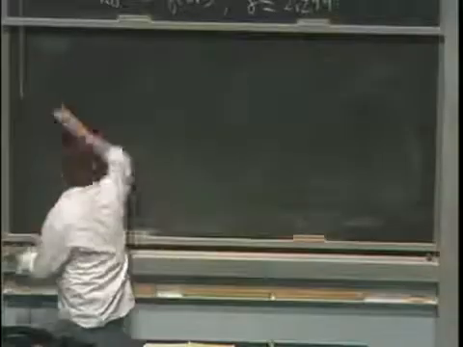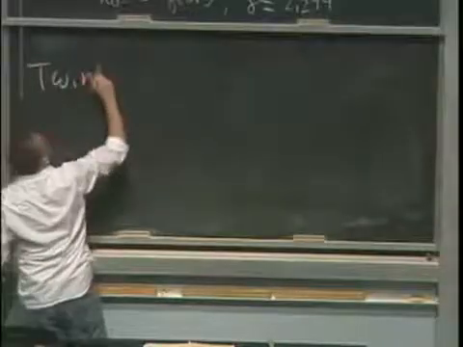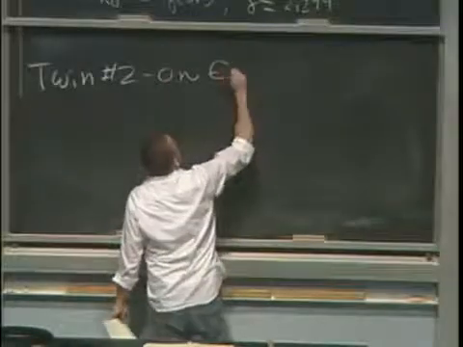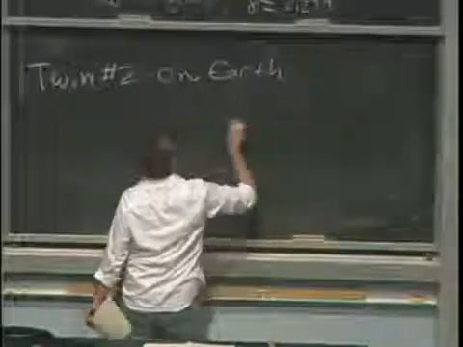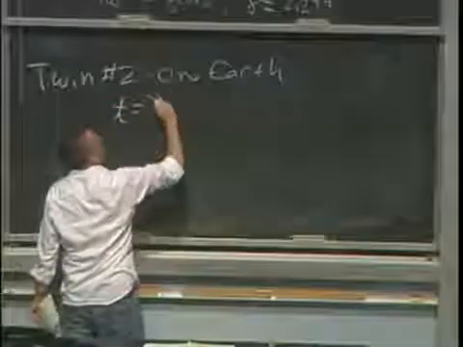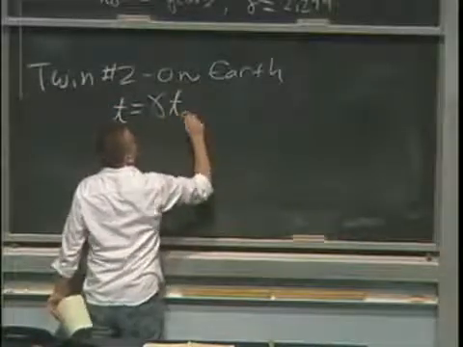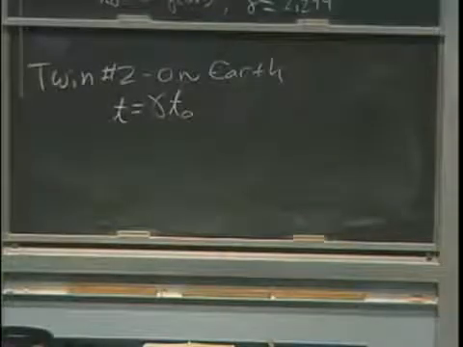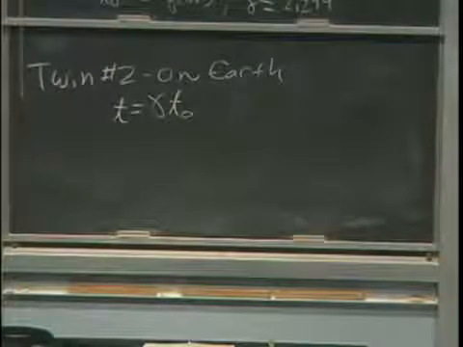So twin number two on Earth sees a time pass, which is just gamma times t naught, for the twin that has traveled out to the neighboring star and back.